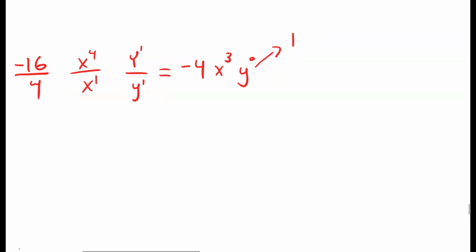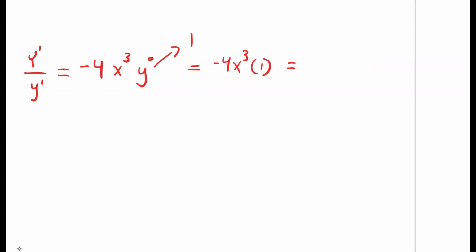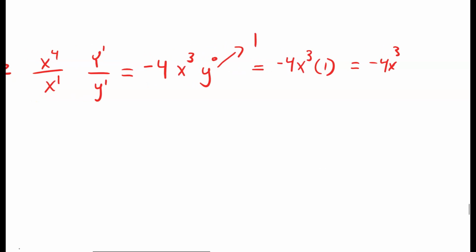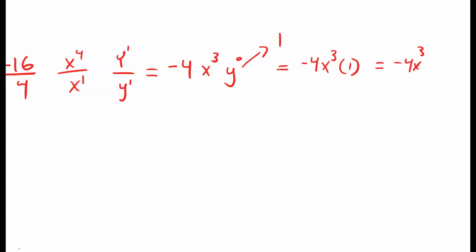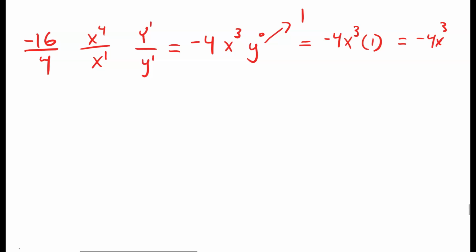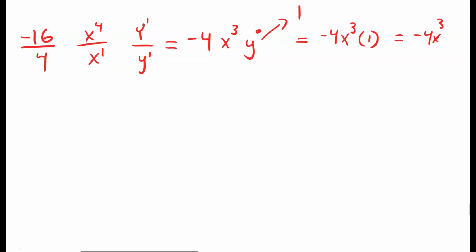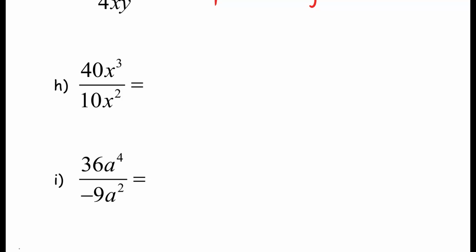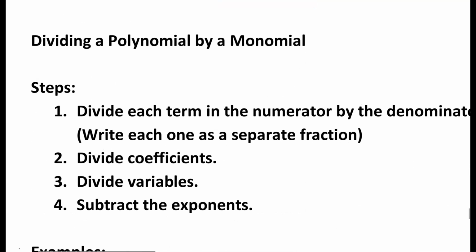So what's going to happen is you have now negative 4x cubed multiplied by 1, which is really equal to negative 4x cubed. We've lost the 1 because we divided it, so we're subtracting our exponents, which resulted in a 0, and that got rid of it. I'm going to leave H and I for you to complete on your own, and reminder again, check the OneNote once you've completed these.